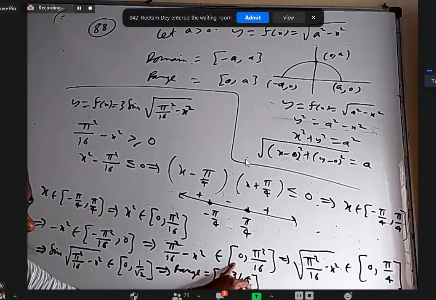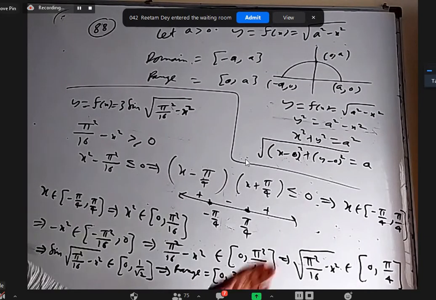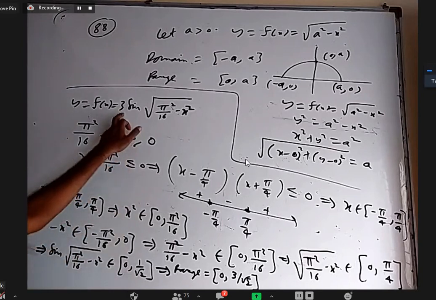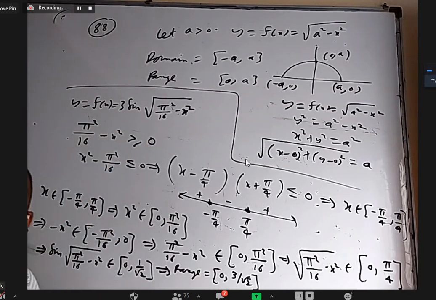Root of this is 0, root of this is pi by 4. And if something is between 0 to pi by 4, sine of that will be between 0 to sine pi by 4, which is 1 by root 2. And then our function is 3 times this. There is a 3, because of that 0 to 3 by root 2. Yes, sir. I understood, sir.